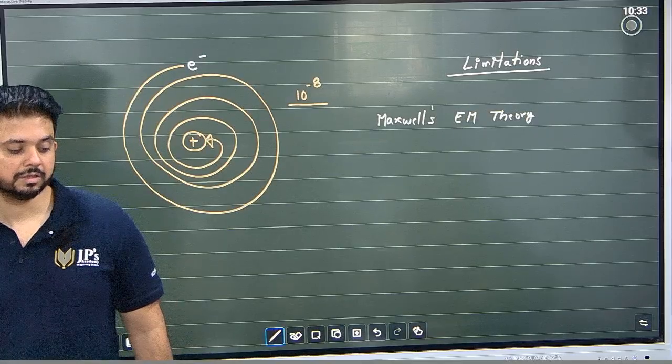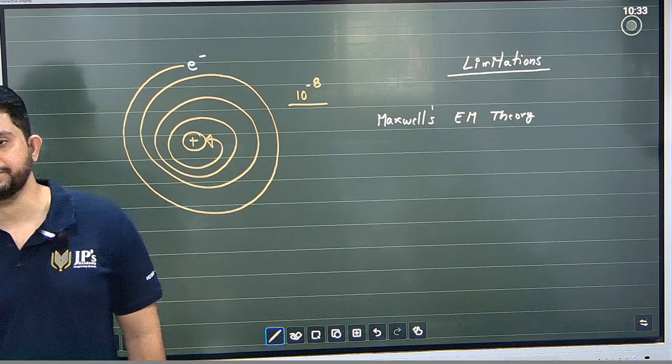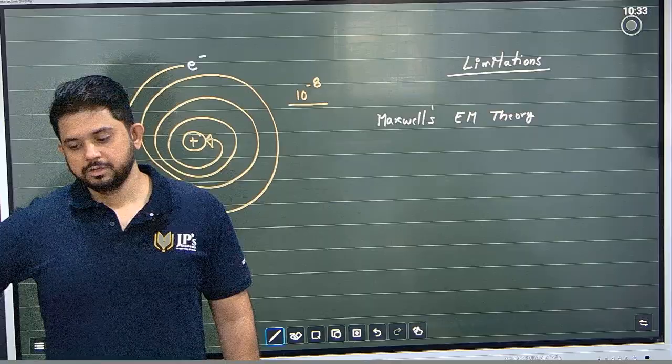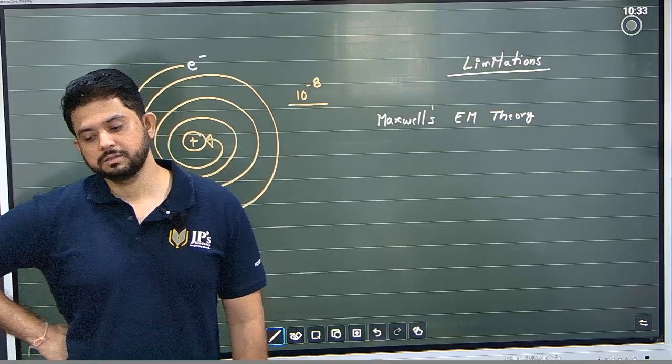However, Rutherford couldn't explain the stability of the atom.